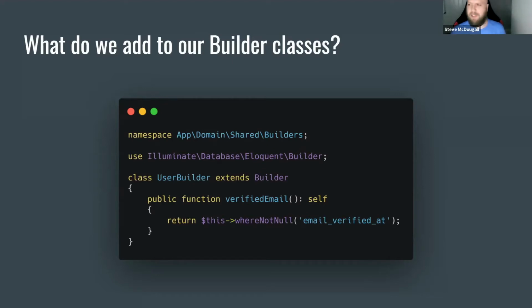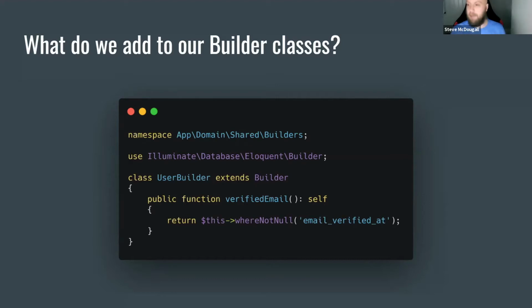It was relatively easy to do, but here's an example of where the Eloquent builders really come in handy. All we've got to do is say, return this where not null, email verified at. It's a nice quick function, doesn't have to be prefixed with scope, it doesn't need anything because it's already part of the builder at that stage.